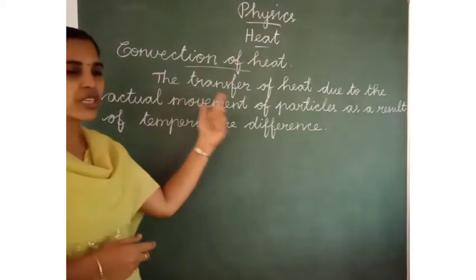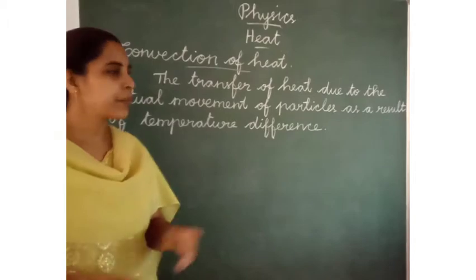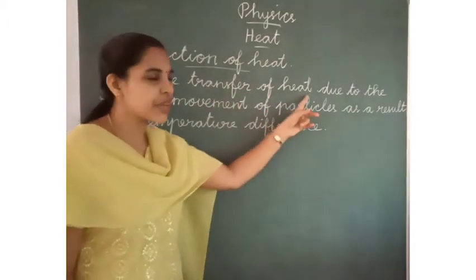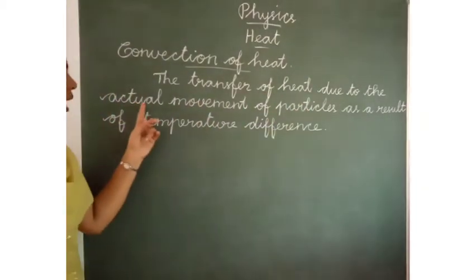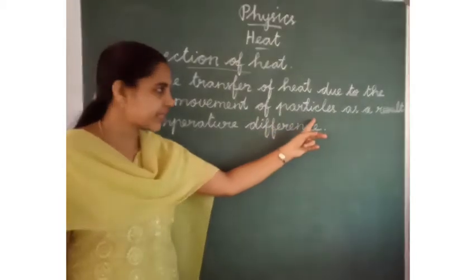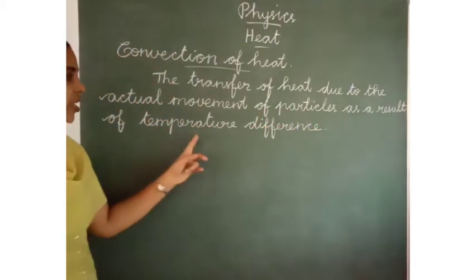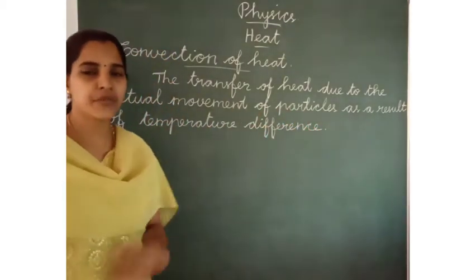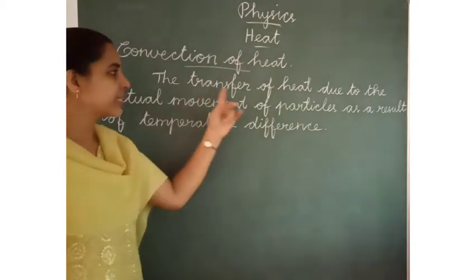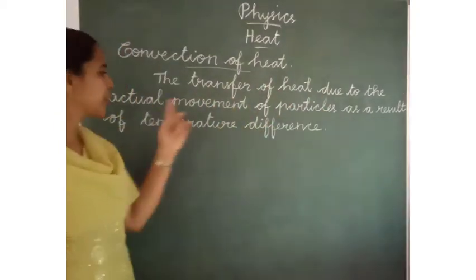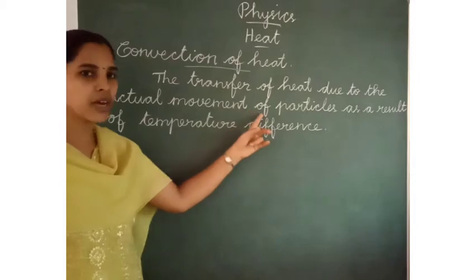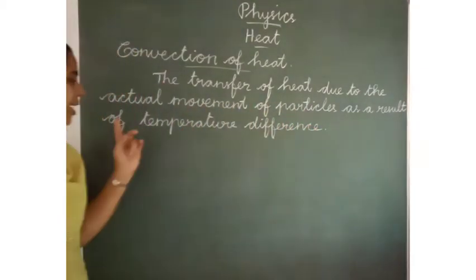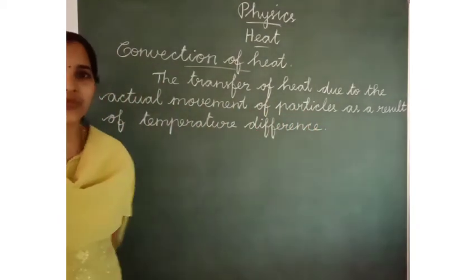What is the definition of convection? It means transfer of heat due to actual movement of particles as a result of temperature difference.